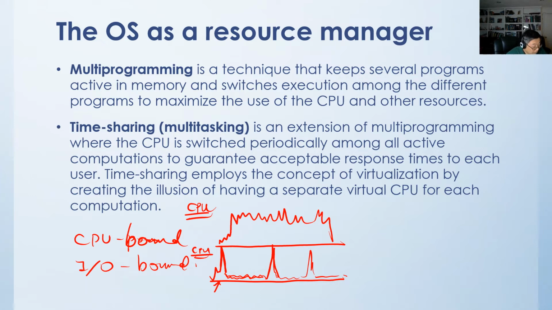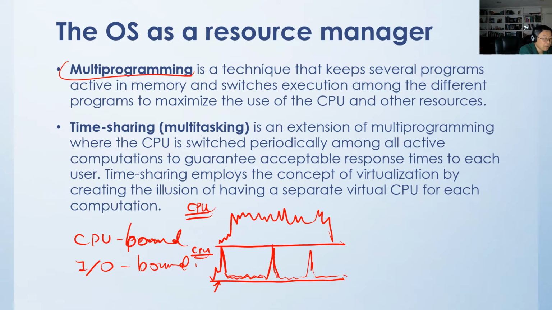Because of the nature of these two different types of programs, it's good to combine them to optimize the usage of the computer resources. Multi-programming is a technique that keeps several programs active in memory and switches execution among the different programs to maximize the use of the CPU and other resources.